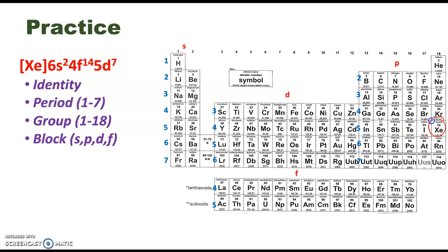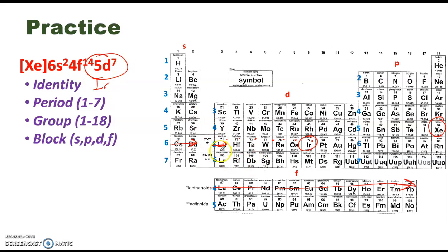We start with xenon, then we go 54, 55 is next, 6s2, 4f14, and then 5d7, so we're in here, 1, 2, 3, 4, 5, 6, 7, that would be iridium, Ir. And really, you don't even have to follow it all the way from xenon if you don't want.